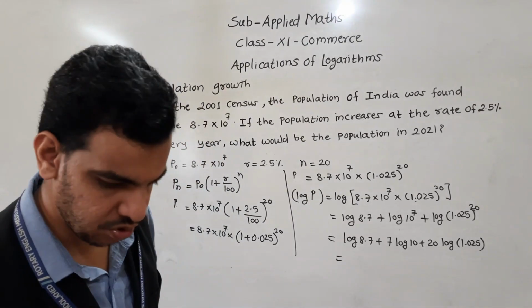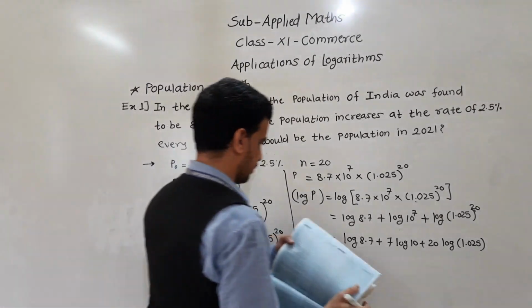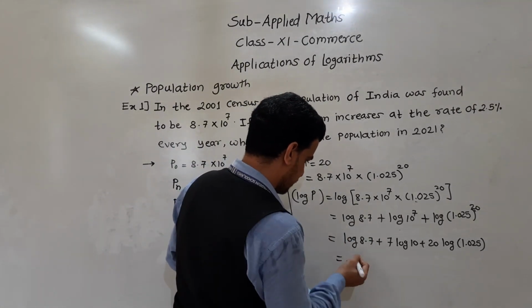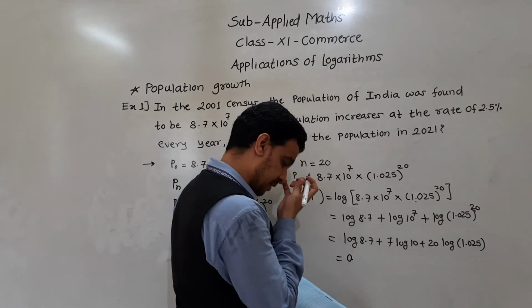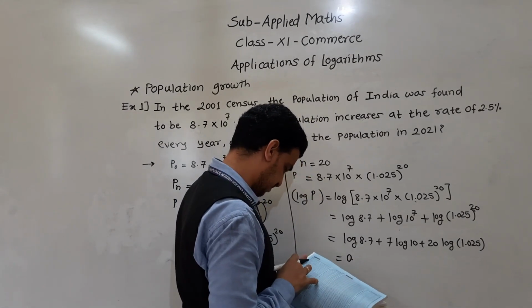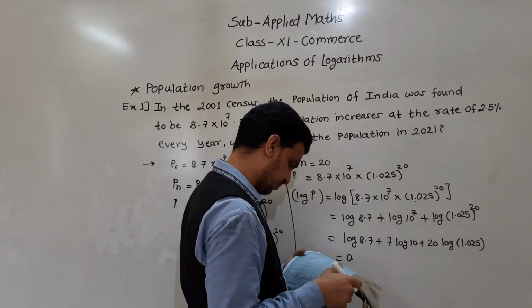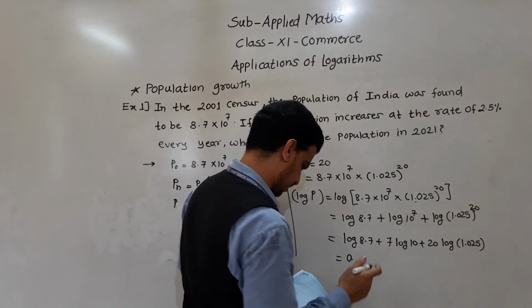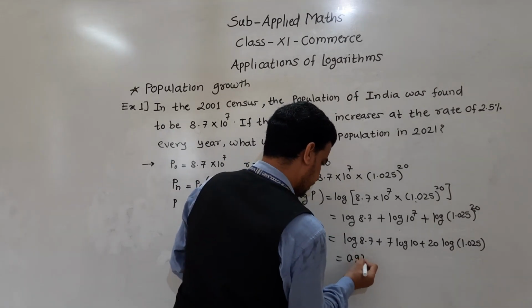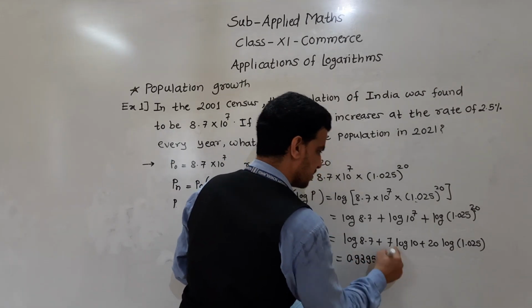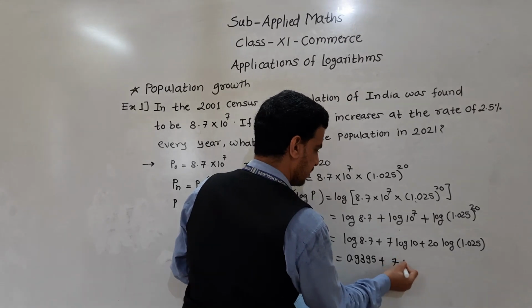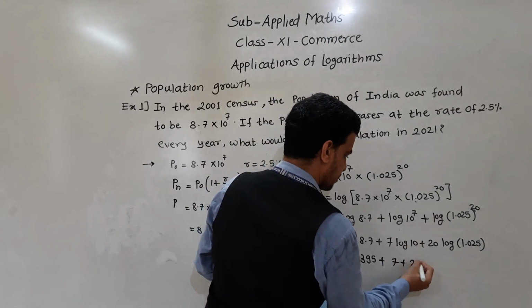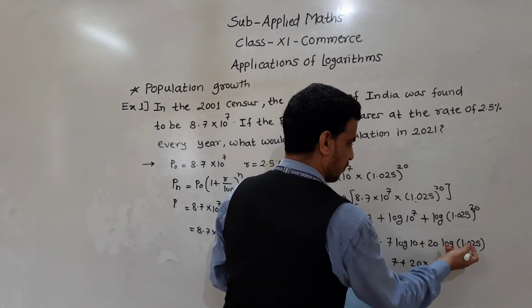So log of 8.7, characteristic here is 0, so 0 point, in the 87th row, 9395, so 0.9395, plus 7 log 10, which is 7, plus 20 into log of 1.025.